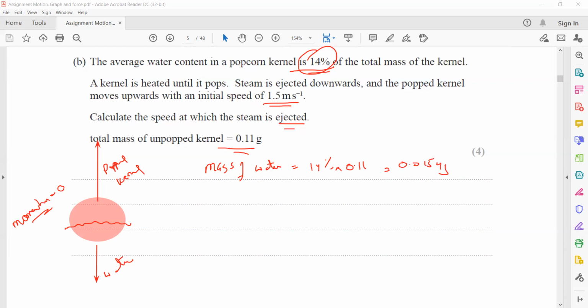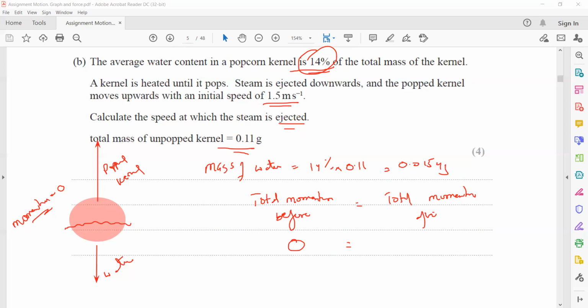That's the mass of water. And momentum before collision equals momentum after. That's the conservation of momentum. So total momentum before equals total momentum after. So total momentum before is 0, total momentum after should be 0.